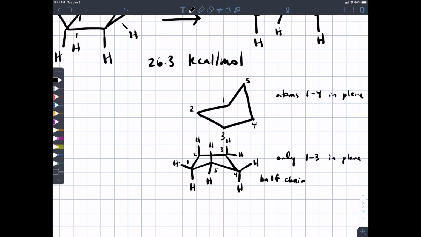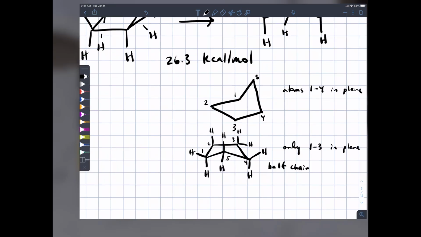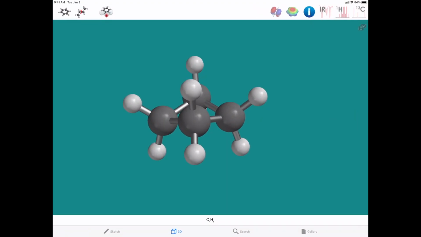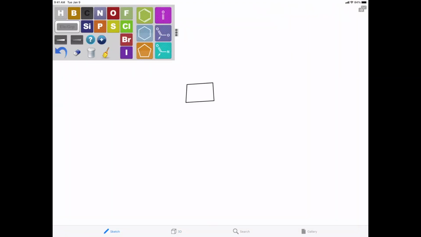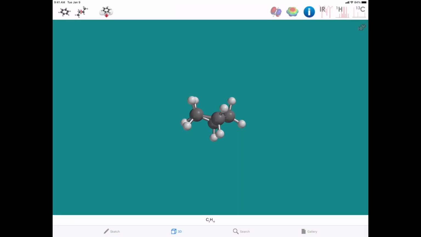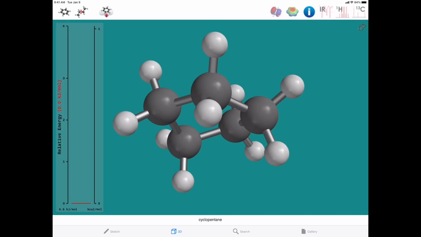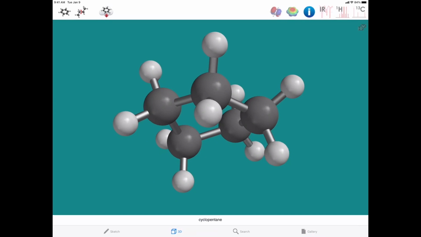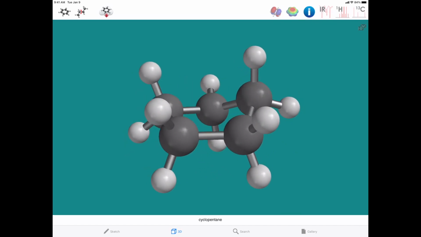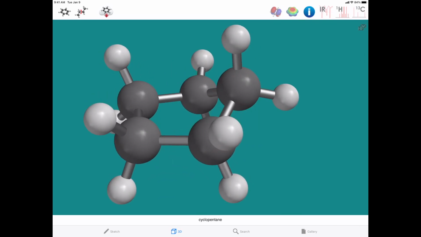And we won't worry about the relative energies of these conformations. If you want to get a sense for what it might look like, we can draw it. So this would be a half chair conformation.